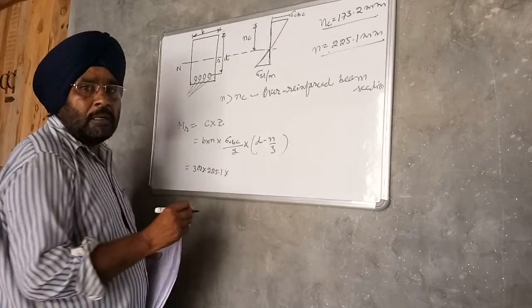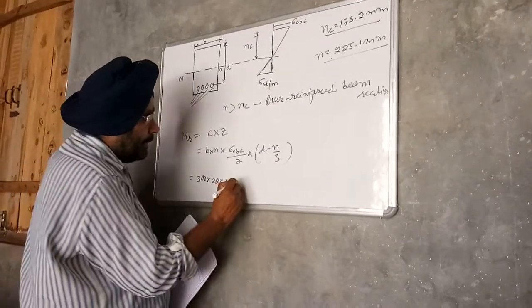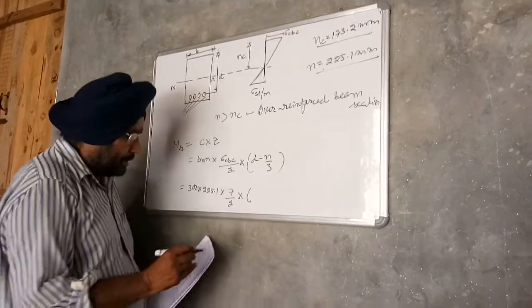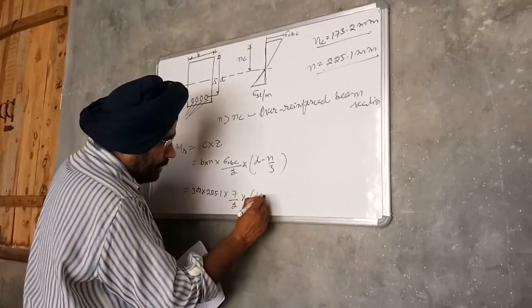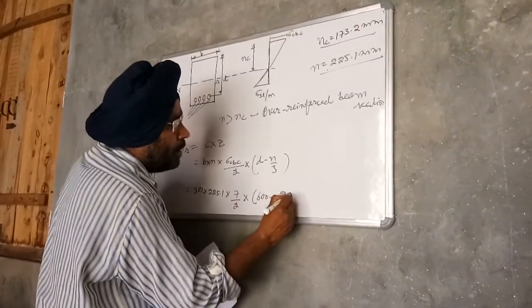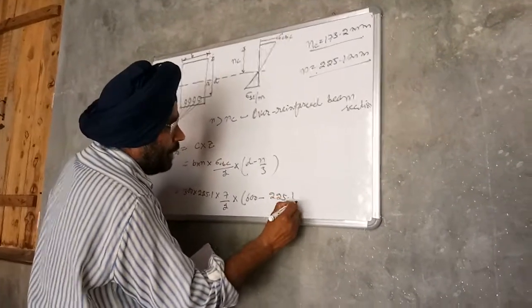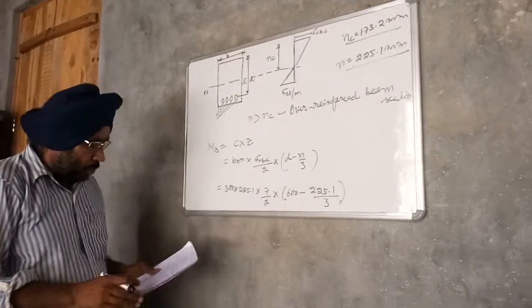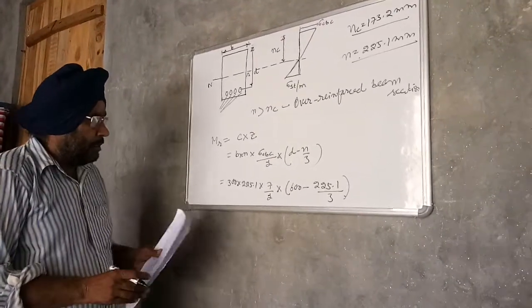Sigma CBC, the permissible compressive stress in concrete, is 7, divided by 2, into D, the effective depth of the section, 600 minus 225.1 upon 3. By solving these values, we get the moment of resistance of the beam section.